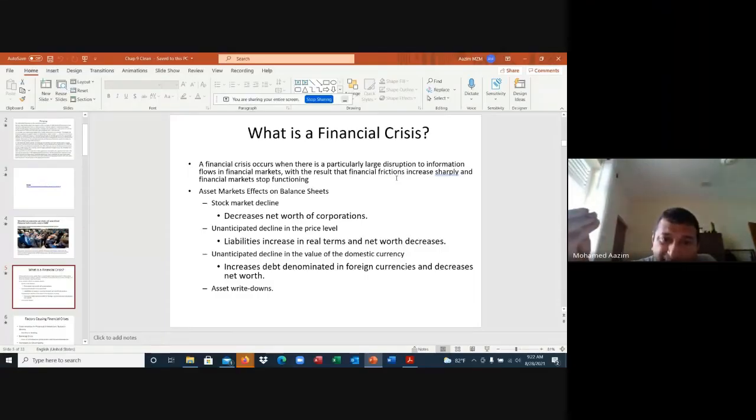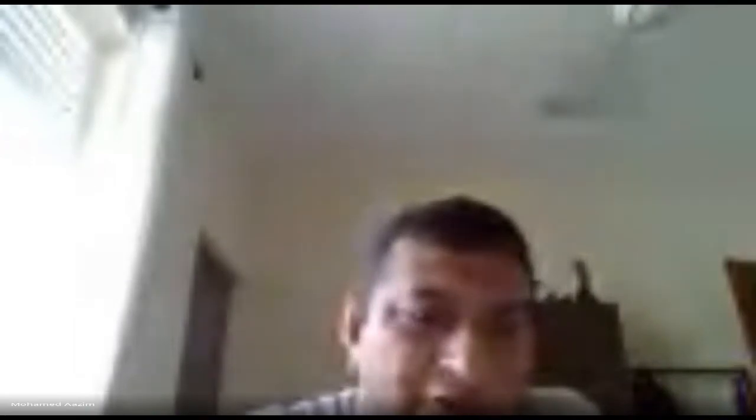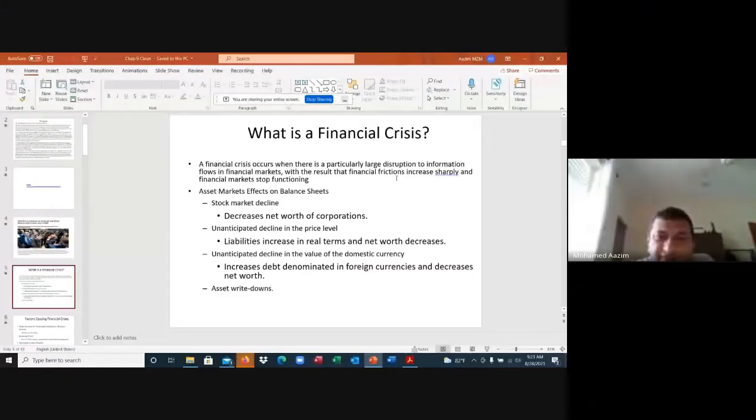higher in real terms. Fisher equation, right? So what is the nominal interest rate? Nominal interest rate is nothing but expected inflation plus real return, right? Nominal interest rate is, let's say, 6%, expected inflation is 4%, and real return is 2%. So that's why you have 6. 4 plus 2 is 6, right?